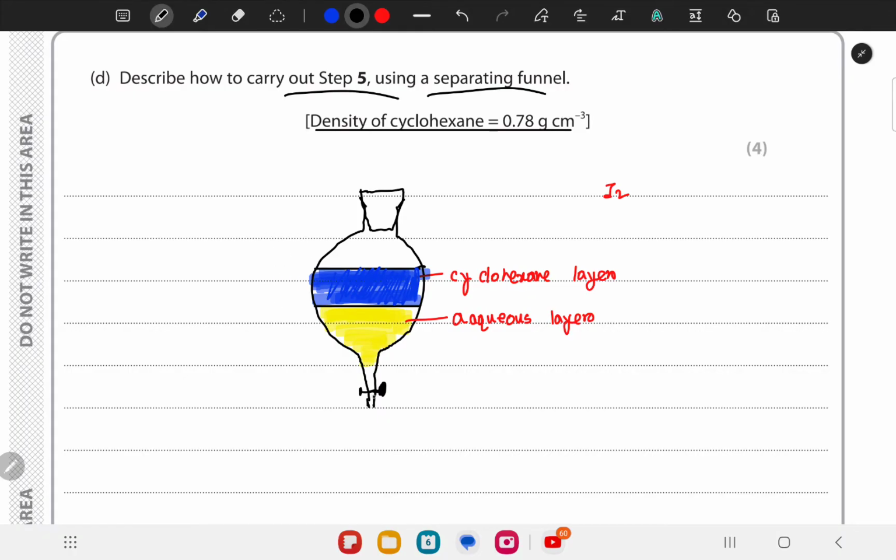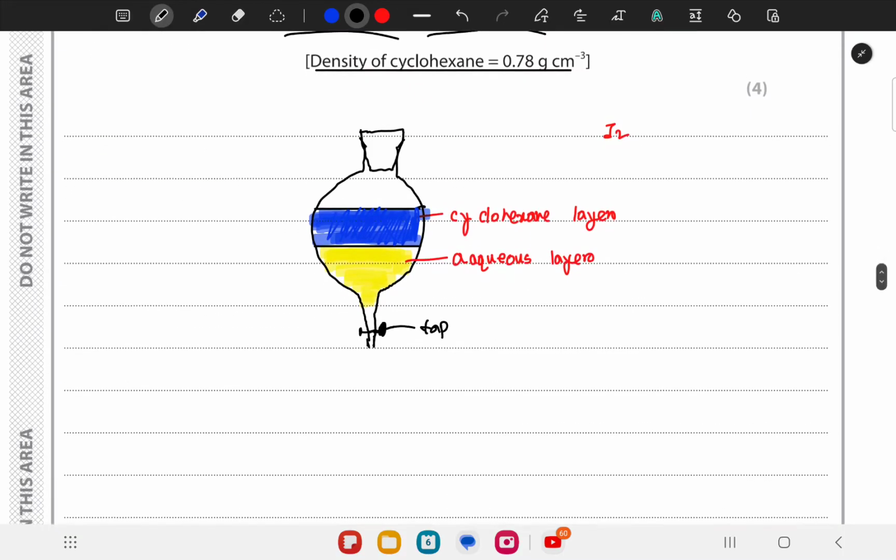And while it's upside down, we are going to open this tap over here a few times so that the gas pressure is released, so that we don't have an explosion inside the tube over here. Then when the layers separate, we'll just open the tap and pour one of the layers into a beaker and keep the other layer in here.